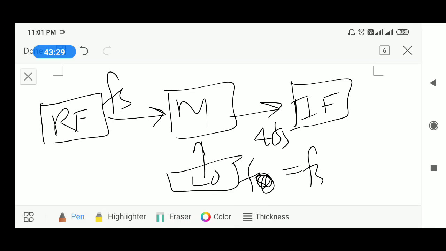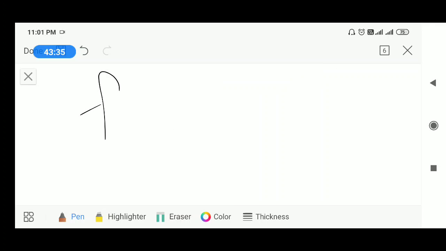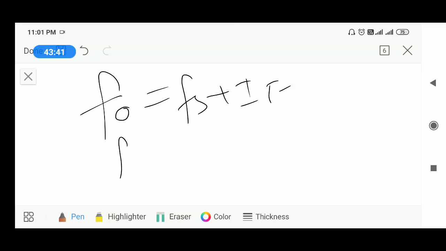So F0 is equal to Fs plus IF, and Fsi is equal to Fs plus 2 times IF.